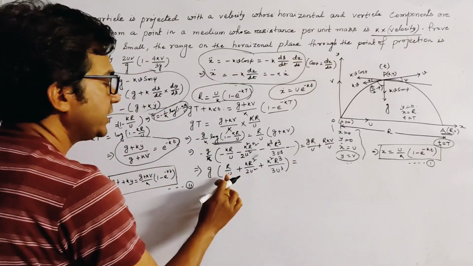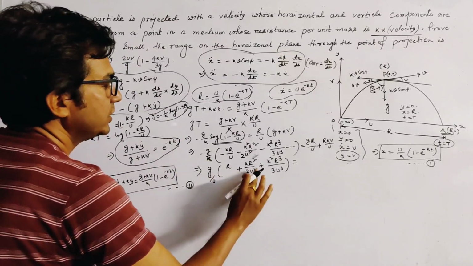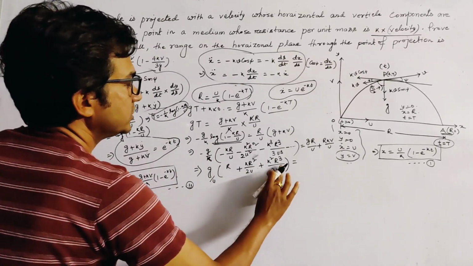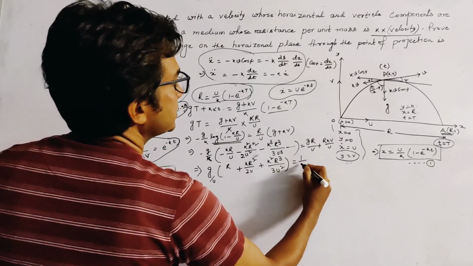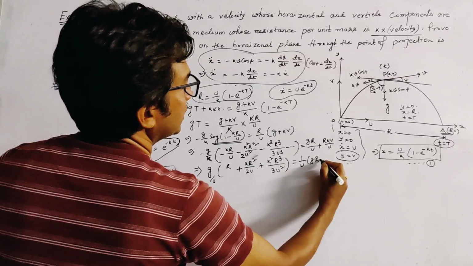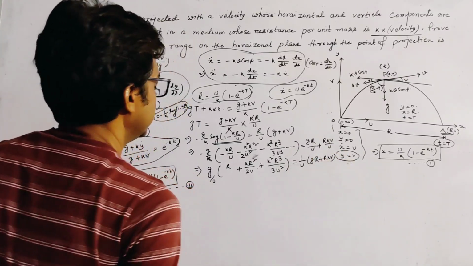And also if we take out u from this relation, we get this is only r, this is r square by 2u, this is r cube by 3u square, right? And this is 1 by u into gr plus rkv.